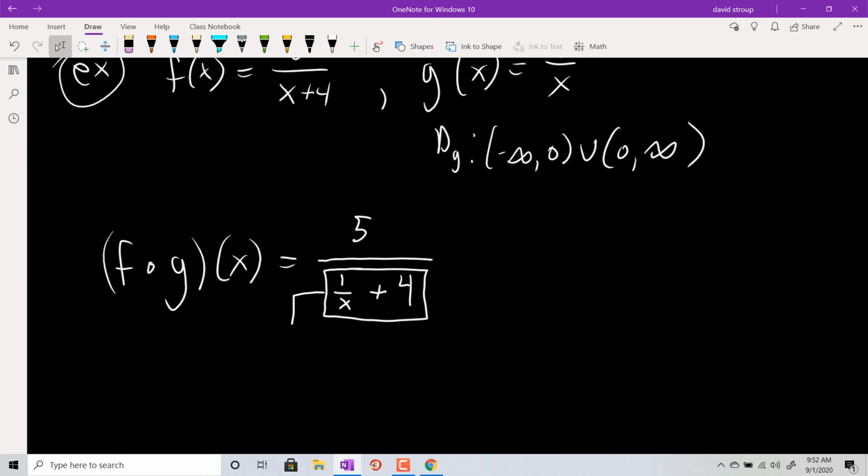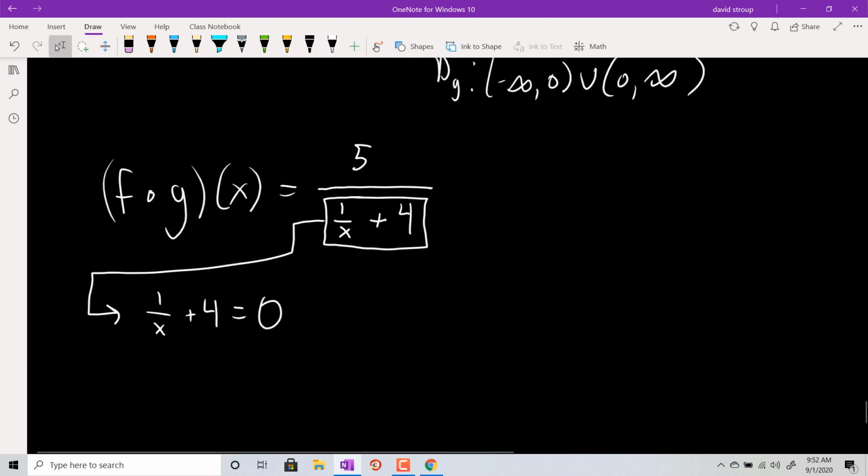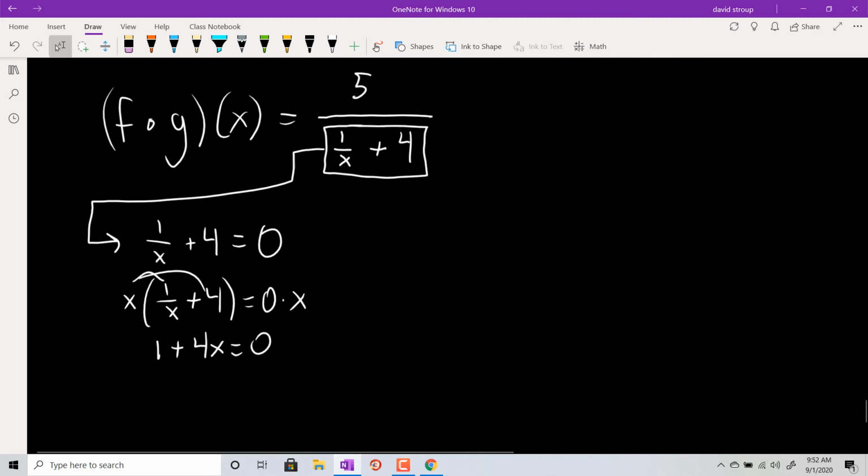So let's look at it. 1 over x plus 4, I need to make sure that's not 0. That's a rational equation, so I multiply both sides by the denominator, x. I distribute here, and I get 1 plus 4x equals 0. And then solving for x, I get 4x is negative 1, and then x is negative 1/4.